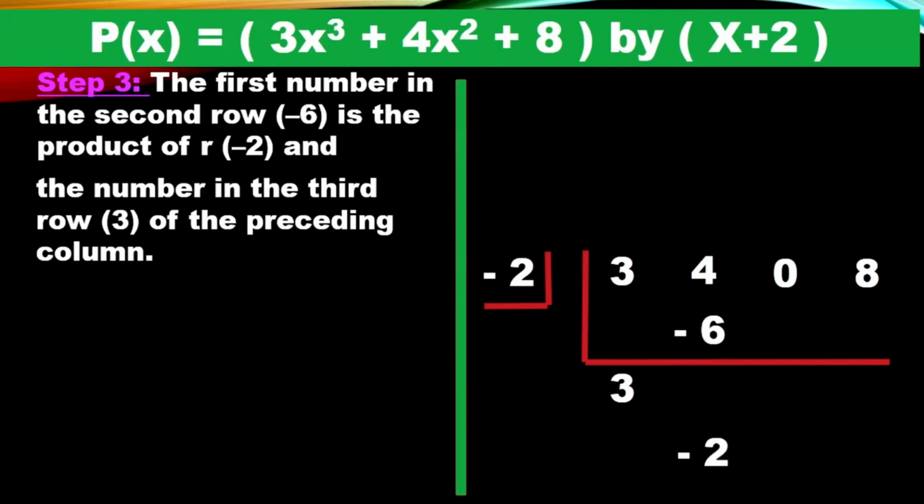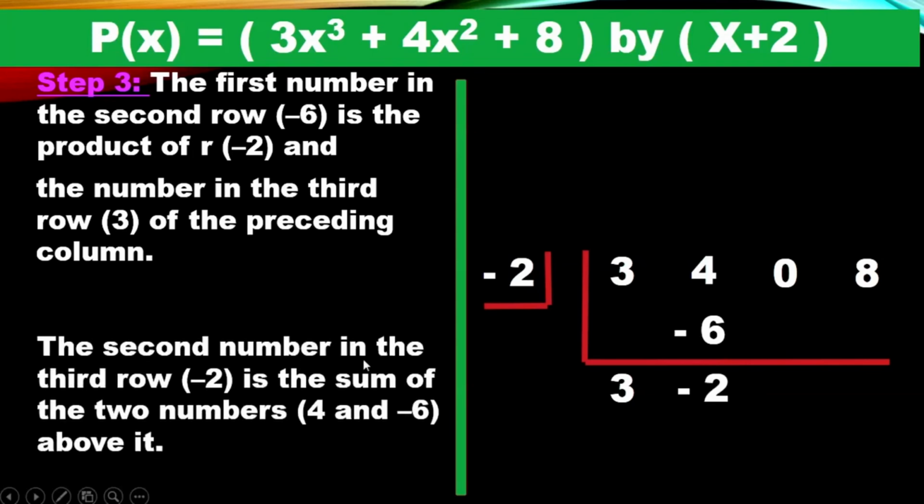And then we add 4 plus negative 6, the answer is negative 2. So, the second number in the third row, which is negative 2, is the sum of the two numbers 4 and negative 6. 4 plus negative 6 equals negative 2.